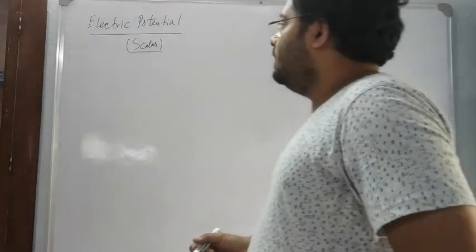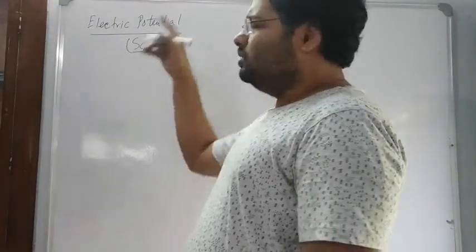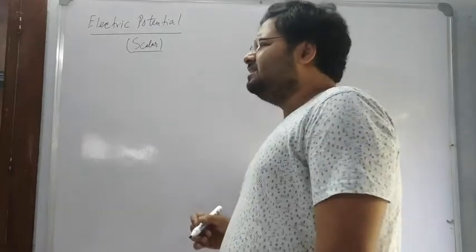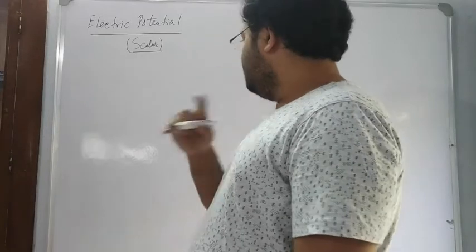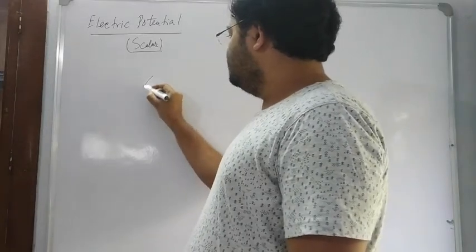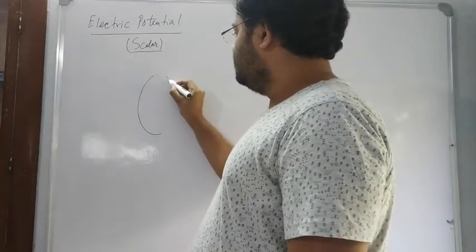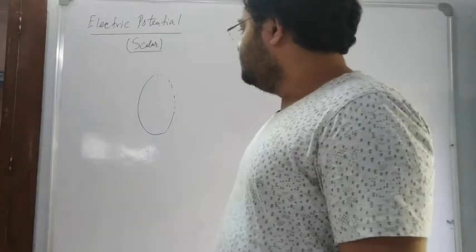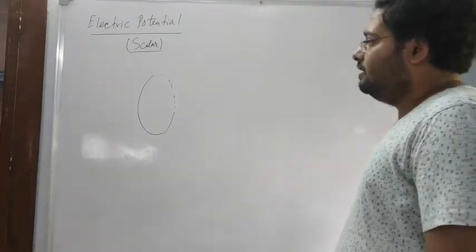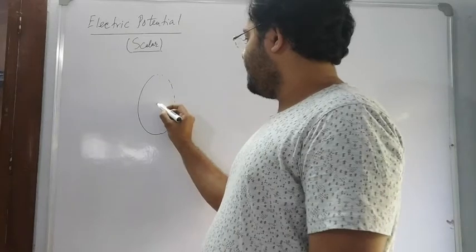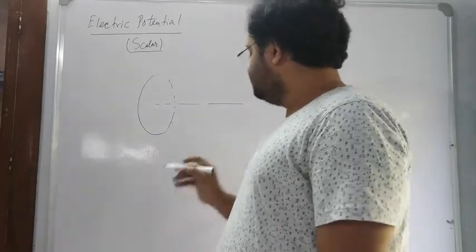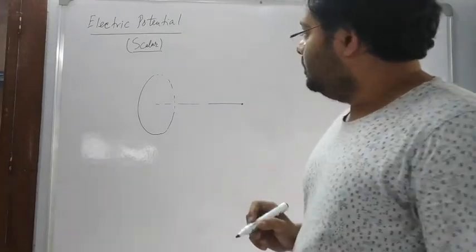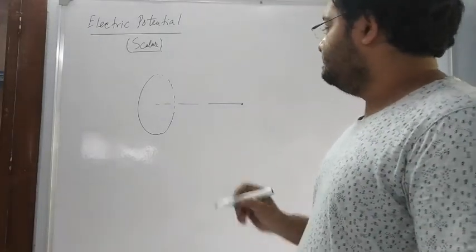Okay, you can calculate electric potential, that is very easy for some continuous charge distributions too, like say this is a ring. What is the potential?